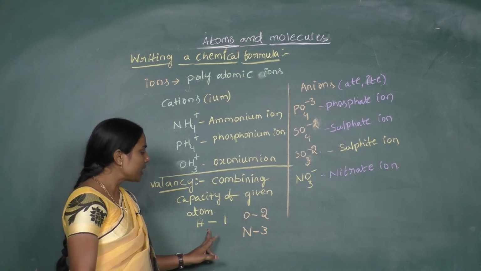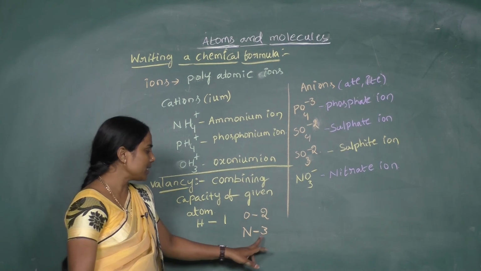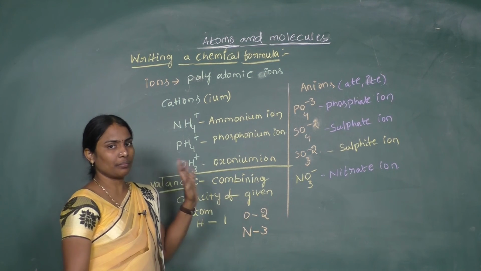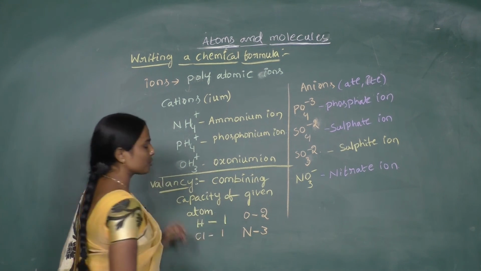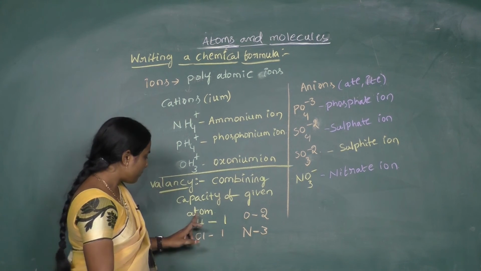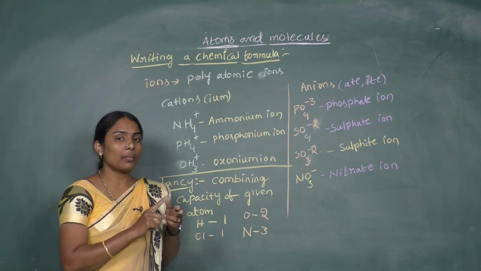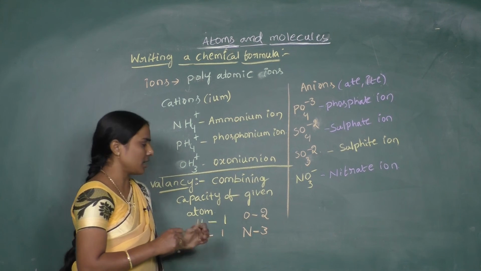That is 3, because the combining capacity of nitrogen is 3, right? Similarly, the combining capacity of chlorine is also 1. Now, if H and Cl combine to form a compound, the formula of hydrogen chloride is HCl.